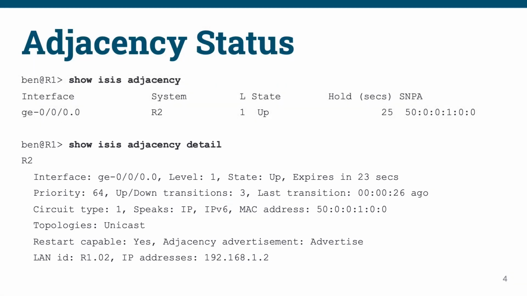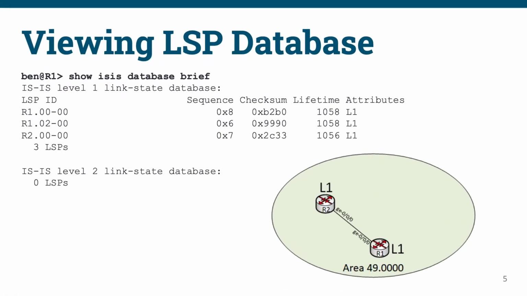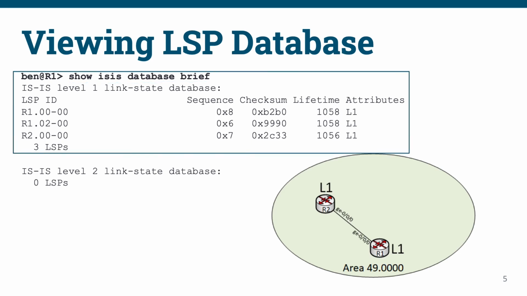Now that we've reviewed the details of our participating interfaces and adjacencies, let's take a look at the contents of the LSP database on R1. Using the show isis database brief operational mode command, we can see the high-level contents of the ISIS LSP database on this router.